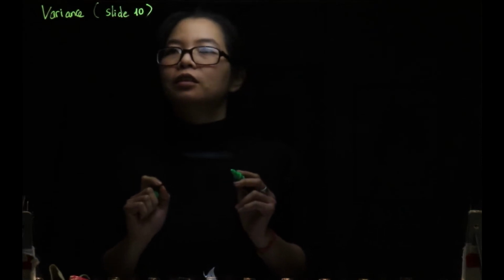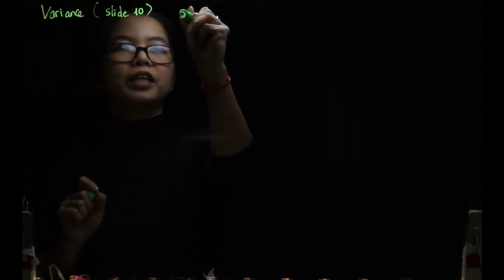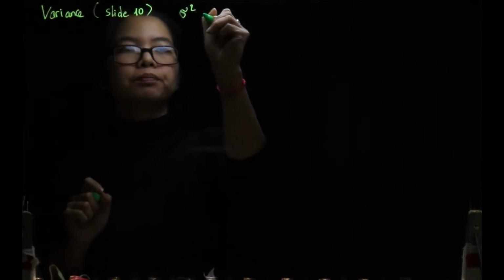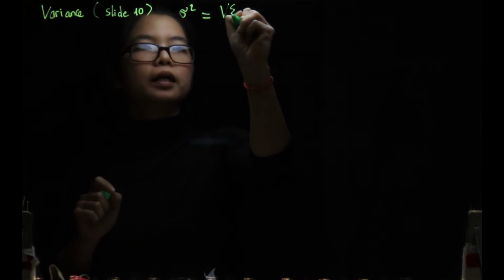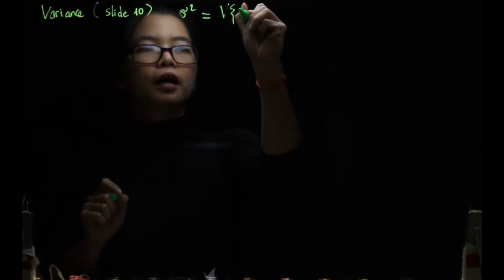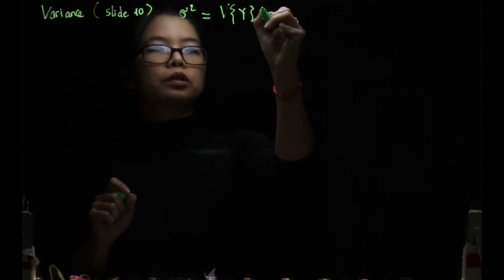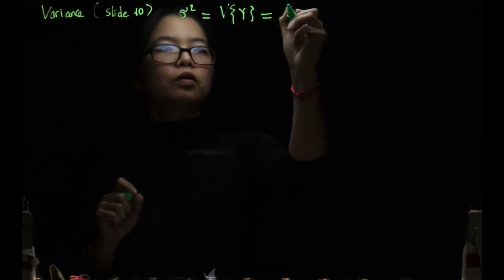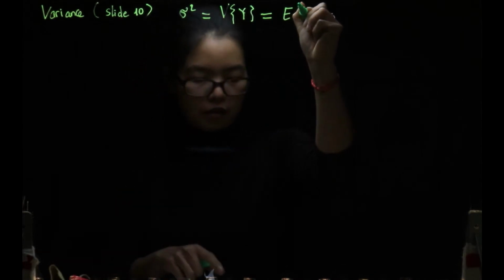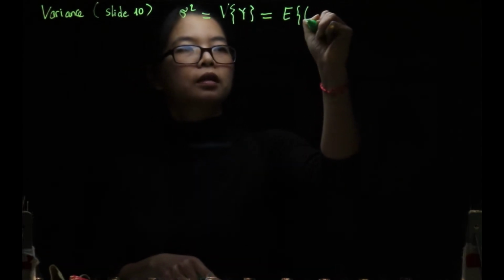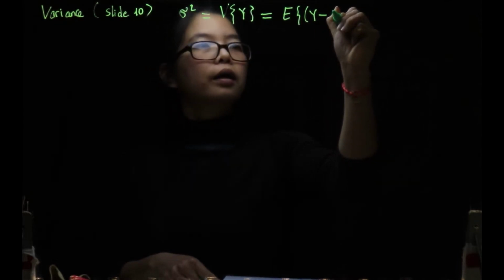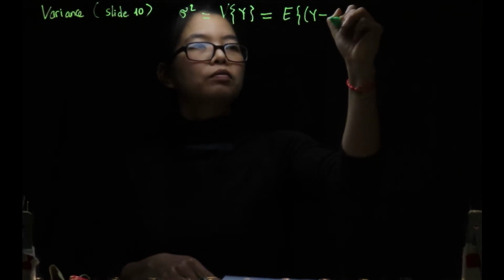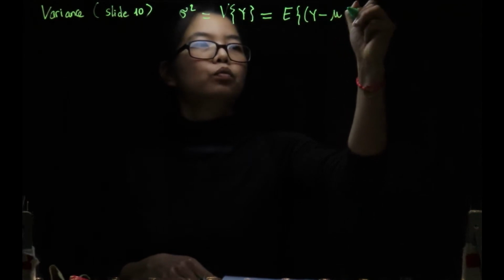Okay, so go ahead with the variance now. By definition, the variance, denoted as sigma square, equals, or another way is V of y, we're still talking about a random variable y, equals the expectation, or the expected value, of that random variable minus its mean or expected value, now denoted as the Greek letter mu.